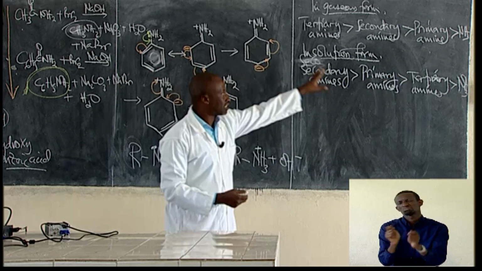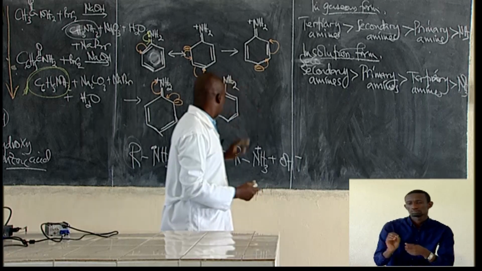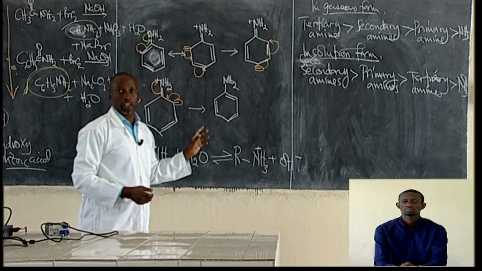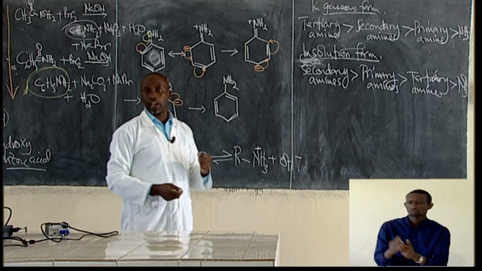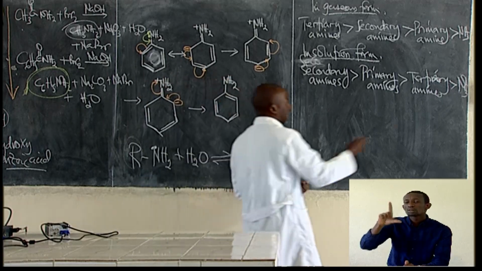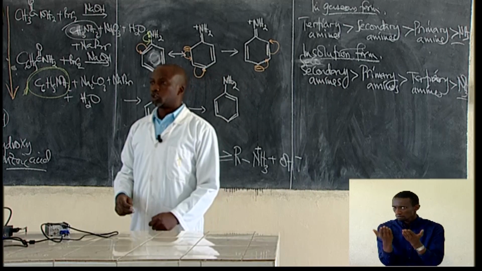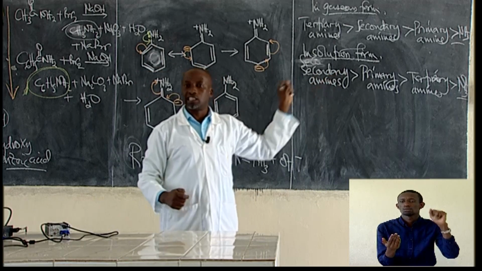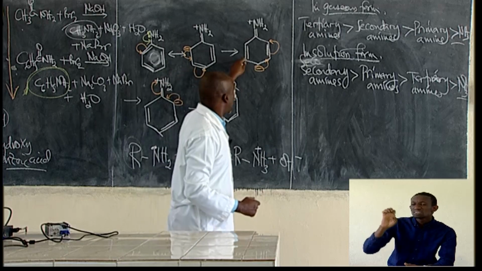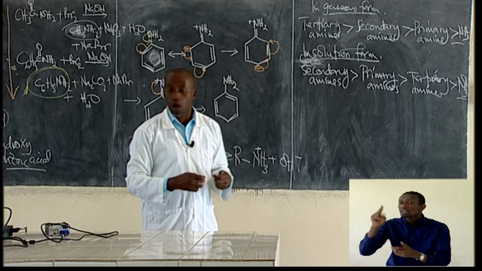I will not discuss this one in details, but what I just want to mention here is that phenylamine is even a weaker base compared to ammonia. So phenylamine is much weaker. Why?